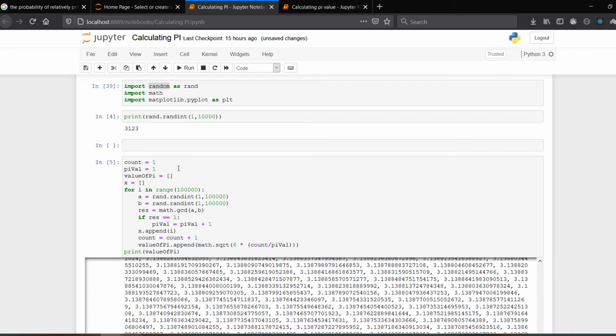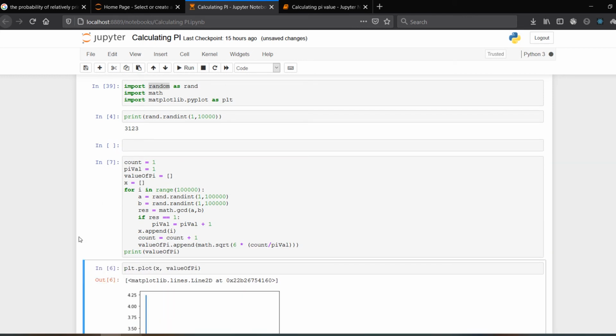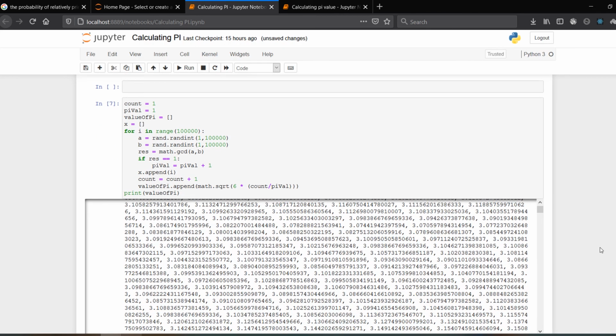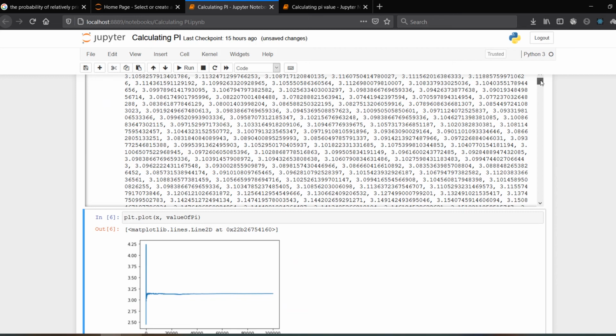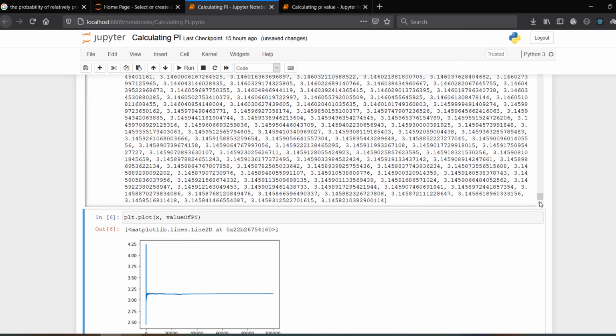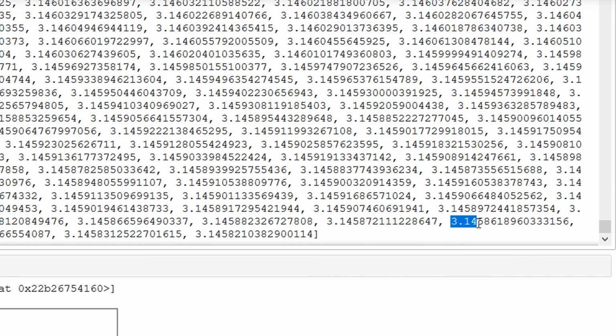So let's try this out another time. Let's run it another time. Hope for a better result this time. Let's go to the last line. See, we get the result as 3.14, not 141.